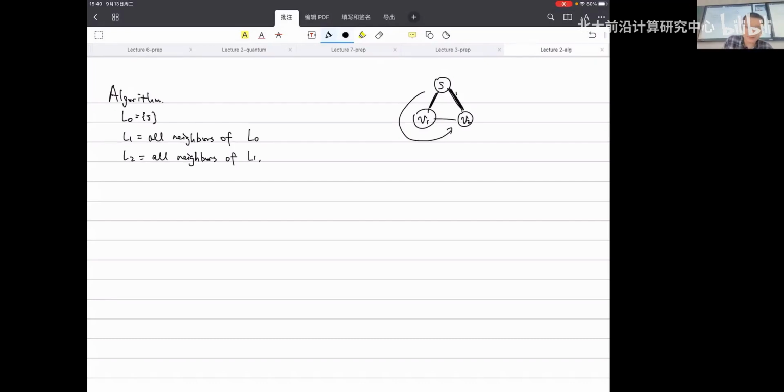So this definition is probably not the best, and we are going to do something a little bit more clever than this. And this is not so difficult. In general, we can just consider all nodes that do not belong to L0 or L1, and that have an edge to a node in L1.